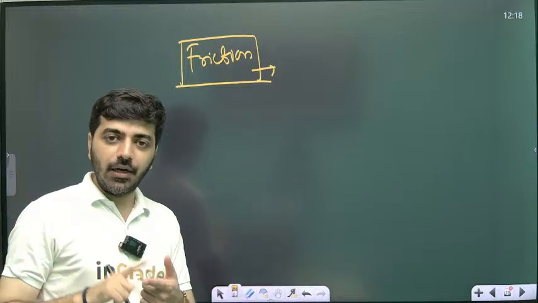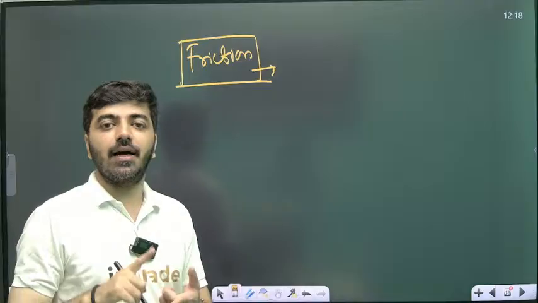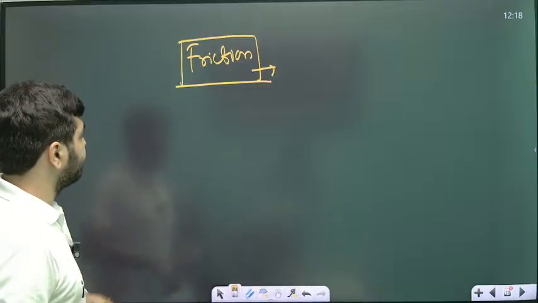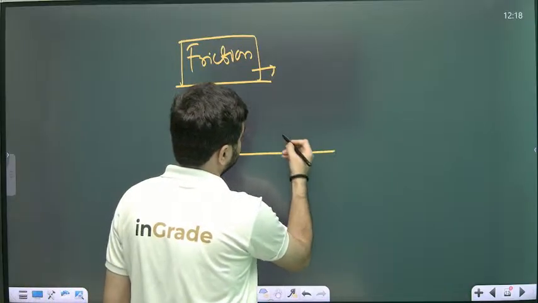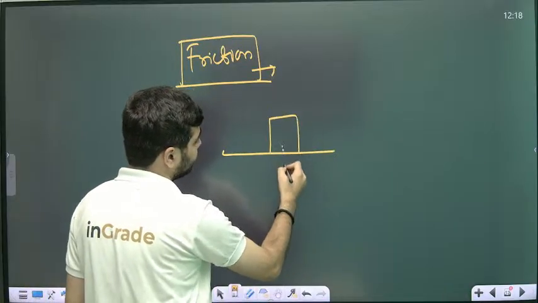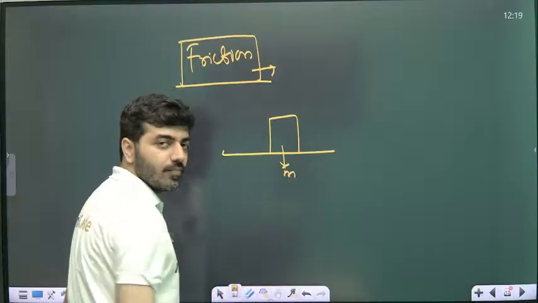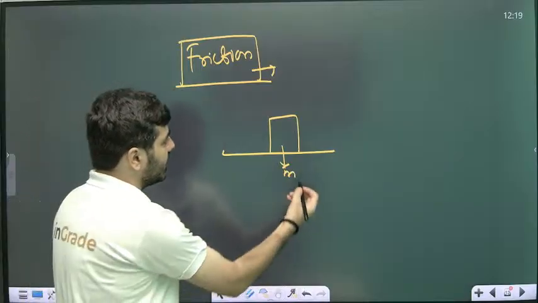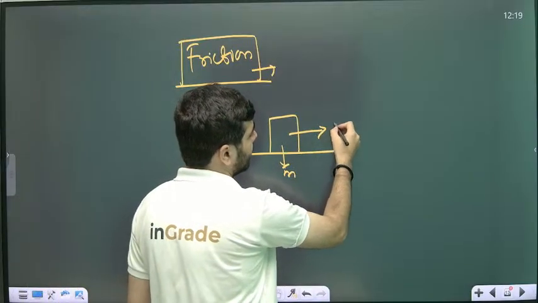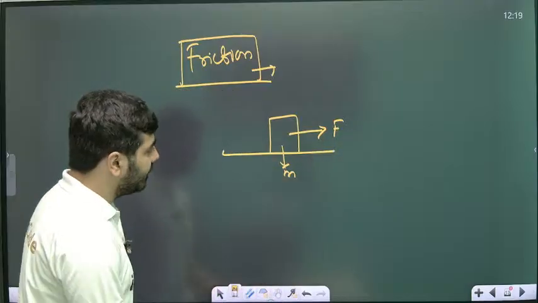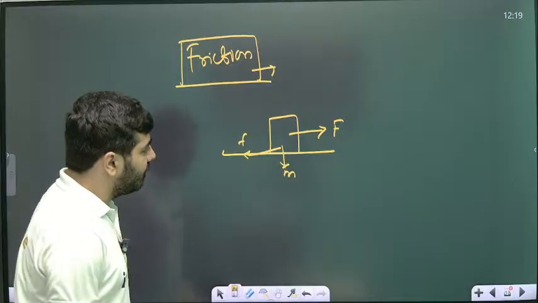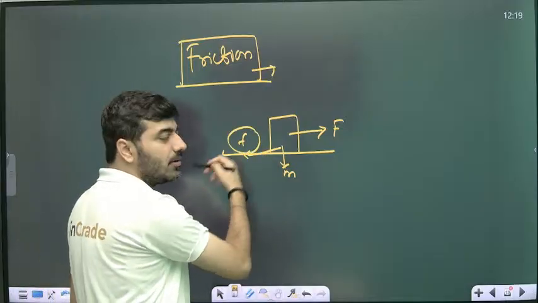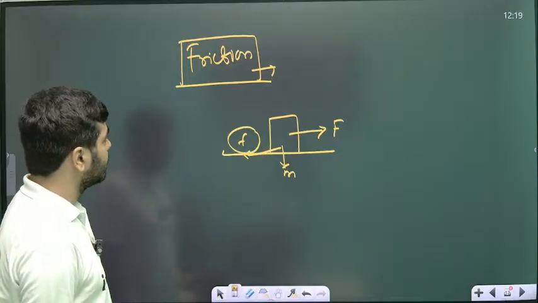We have two kinds of friction, static friction and kinetic friction. Let's say a body of mass m is moving in this forward direction. Then the friction is acting upon it in the backward direction. Friction always opposes the motion.